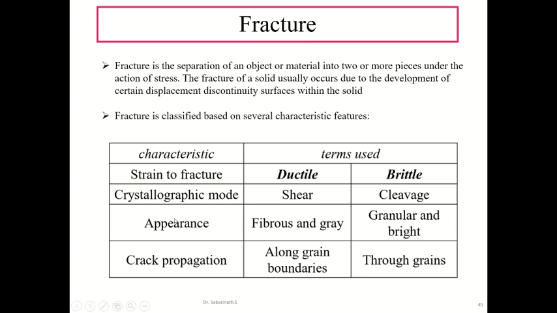The appearance of the separated pieces will be fibrous and grey in ductile material, and granular and bright in brittle material. In ductile material the crack propagation is along the grain boundaries, and in brittle material the crack propagation is through the grains.